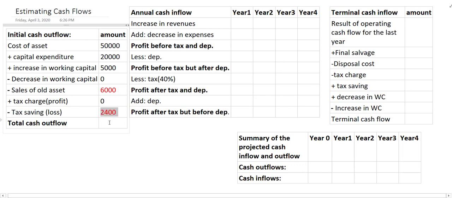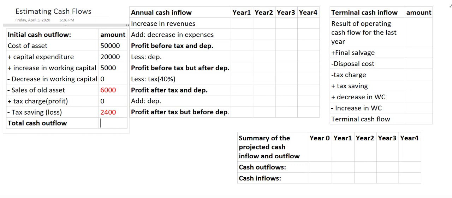This is the amount. Now we can easily calculate the initial outflow of the project. 50 plus 20 becomes 70, 70 plus 5 becomes 75, then minus this one as well as minus this one.